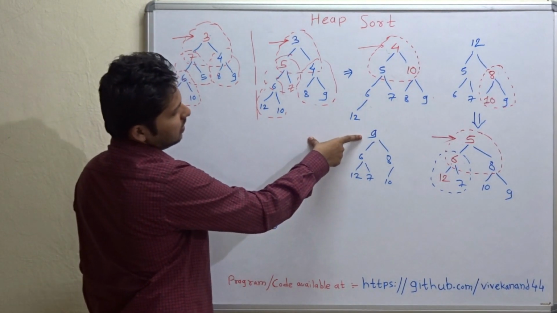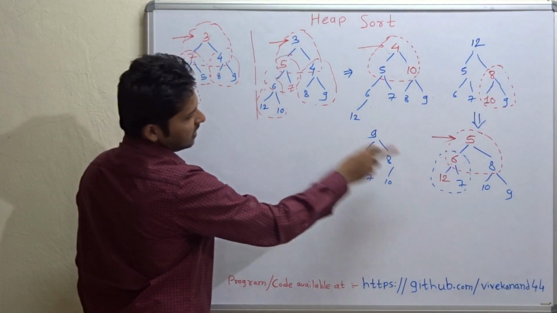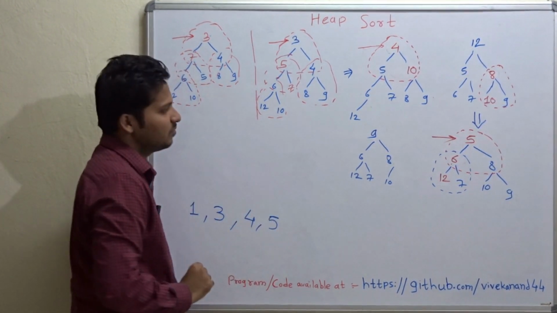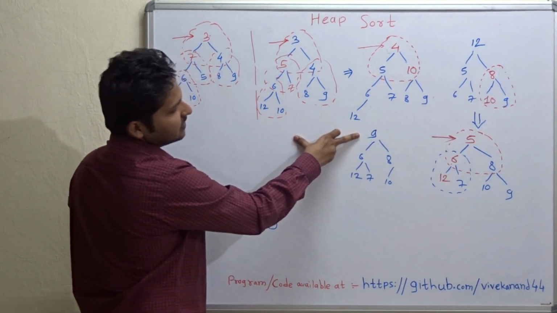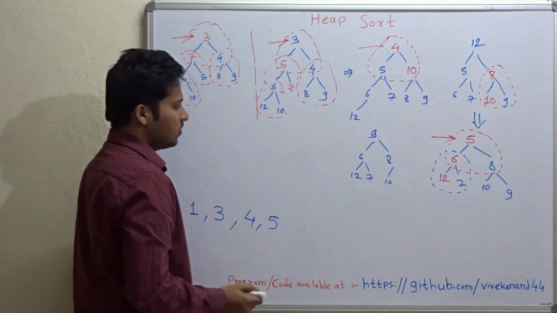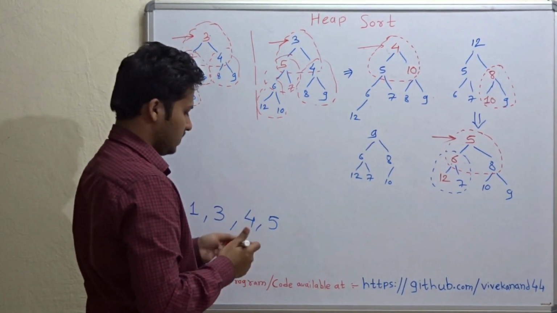Now, as we have taken the last element at the root level, this doesn't remain the heap again because 9 is greater than 6 and 8. So now let's heapify this.